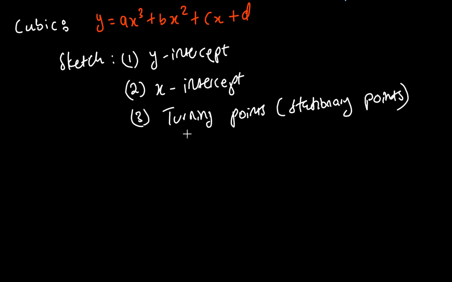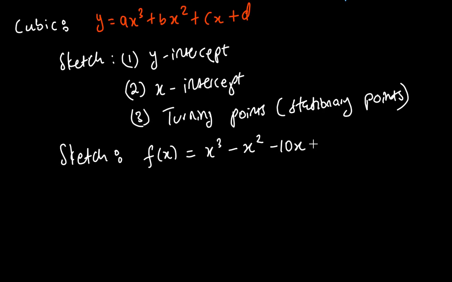So now, let's have an example so that we see how we can actually sketch our first cubic function. I'm going to give you an example here that I have. It says, sketch the function f of x equals x cubed minus x squared minus 10x minus 8.